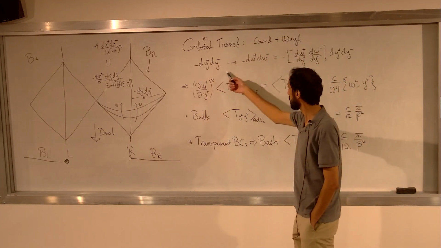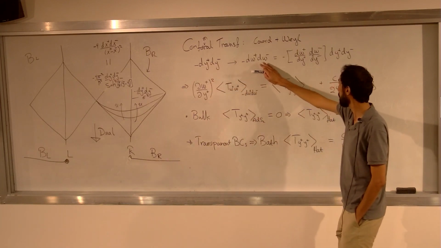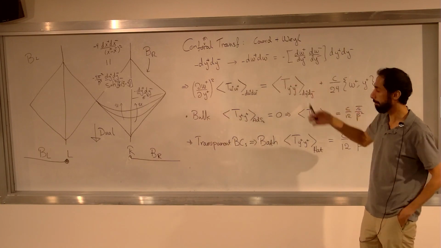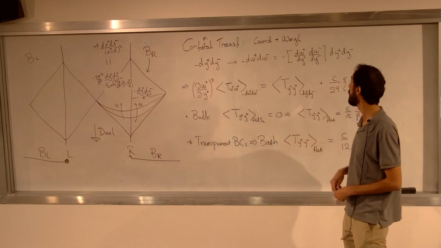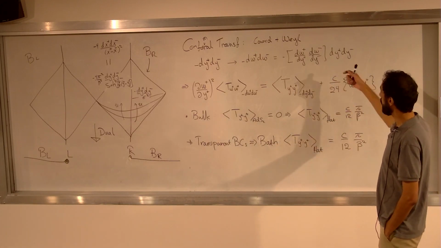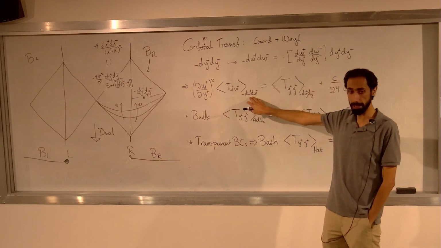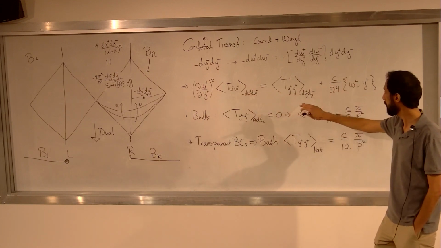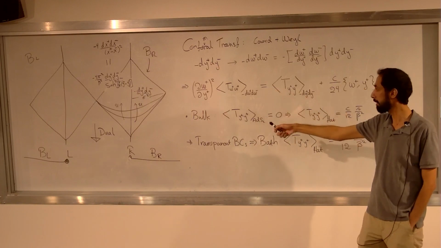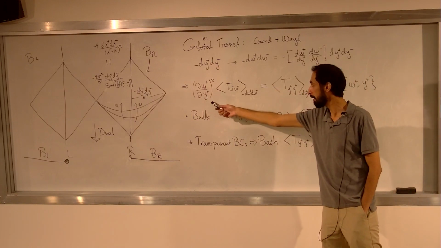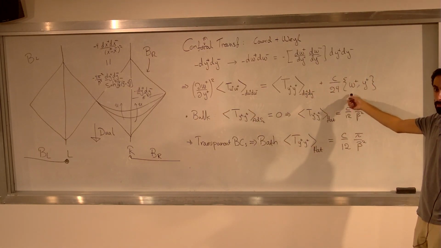For instance, it's something like this, going from, let's say, some y coordinate to some w coordinate, where w is now a function of y, and I'm assuming this is a holomorphic transformation, so w plus is only a function of y plus, something like that. And when you do this transformation, the stress tensor defined on the flat w metric is related to the stress tensor on the flat y metric by this relation. Okay? So there's this tensor transformation factor plus this anomaly term, the Schwarzian derivative.